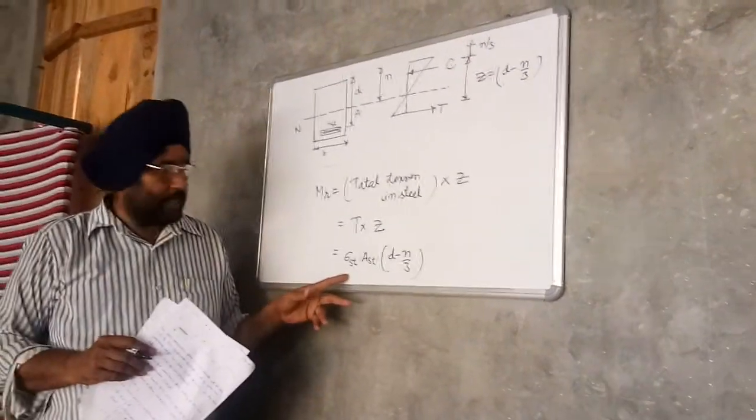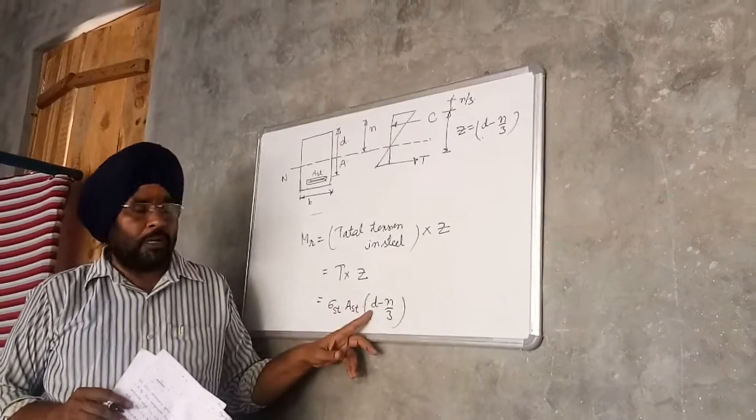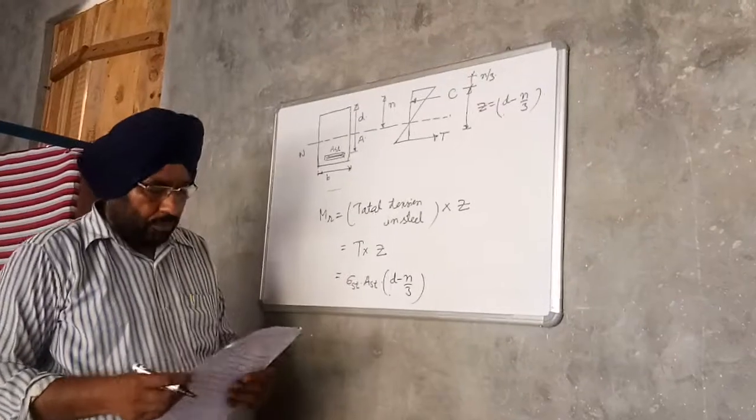Sigma st is the permissible tensile stress in the steel, AST the cross sectional area of the steel, d the effective depth of the beam section, and n is the depth of the neutral axis from top.